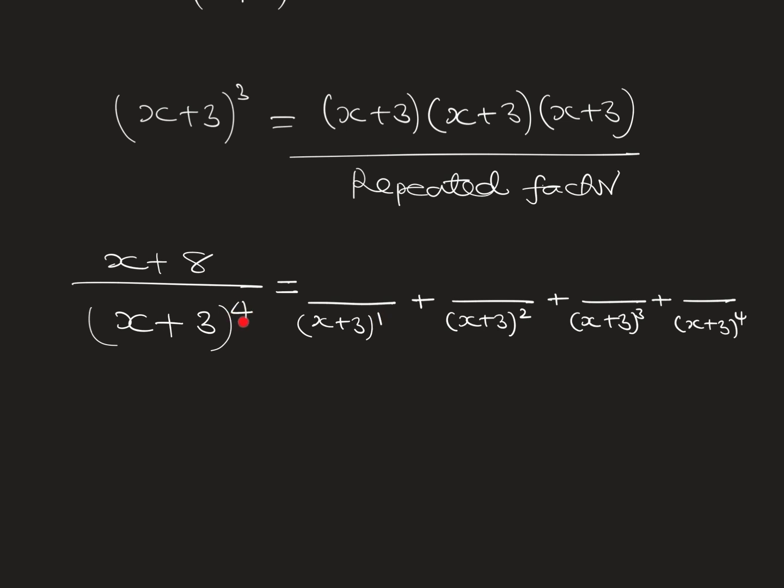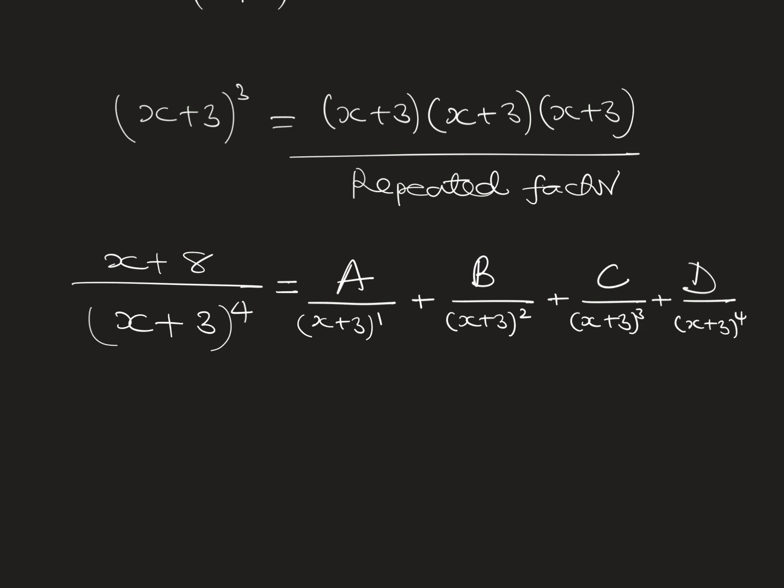Since it is to the power 4, we have started from 1, 2, 3 to 4. Then after this, we introduce the constants A, B, C, and D. Then we can continue solving the way we have solved previously.